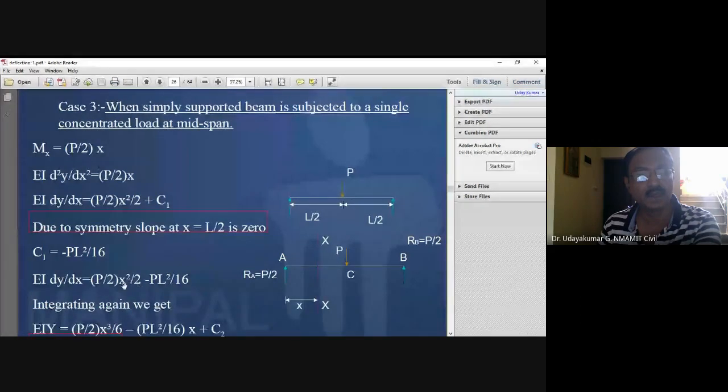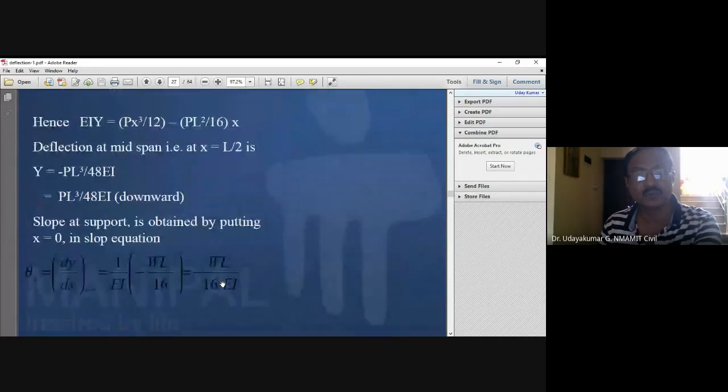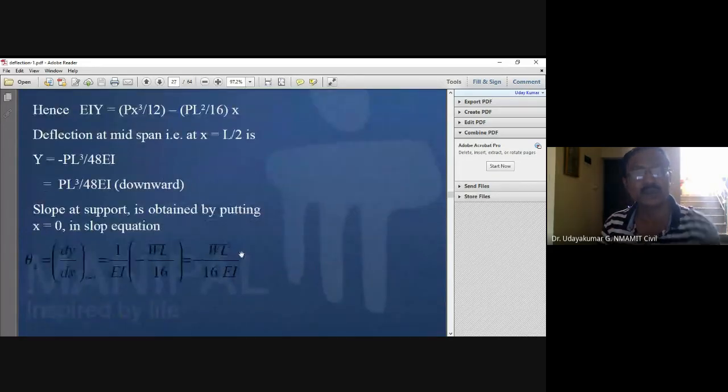At x equal to 0, what do you get? EI dy by dx at A, with x equal to 0, means minus PL squared by 16. So the P means W. So WL squared by 16 EI, or this should be P, PL squared by 16 EI.